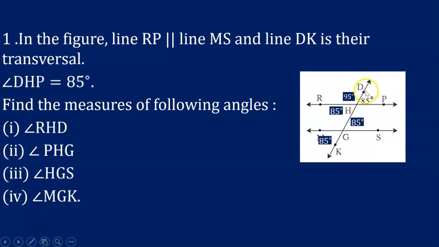Next, measure of angle DHP plus measure of angle DHR is equal to 180. These are linear pair angles, their sum is equal to 180. Therefore, 180 minus 85, then you will get 95. Therefore, measure of angle DHR is equal to 95. Similarly, here these are vertically opposite angles. Therefore, measure of angle PHG is also 95.